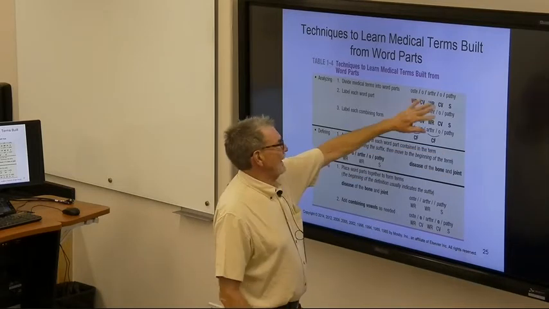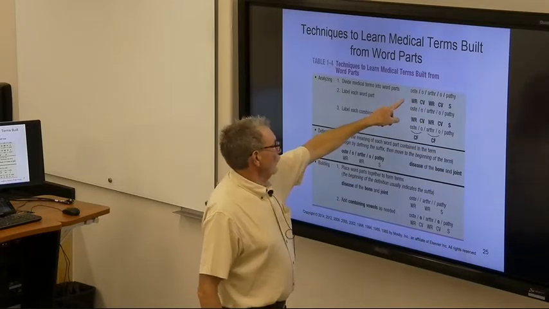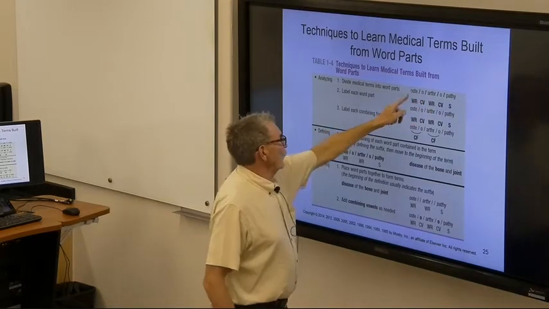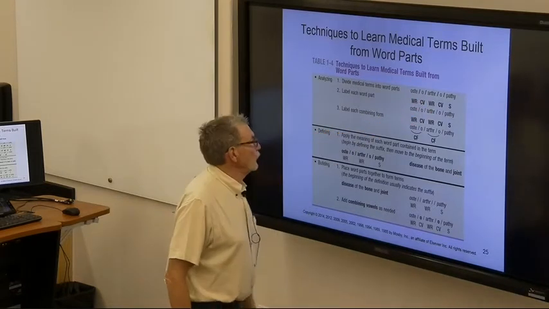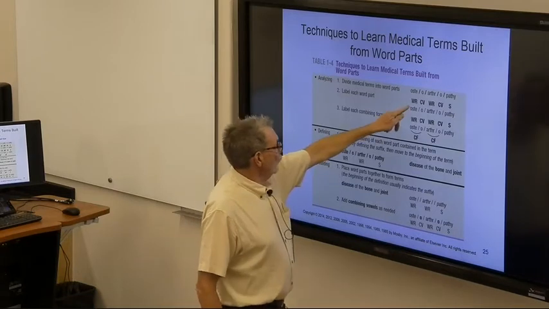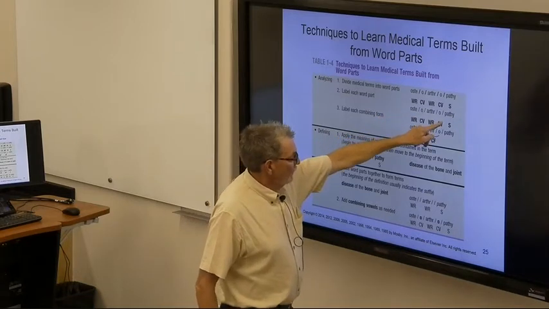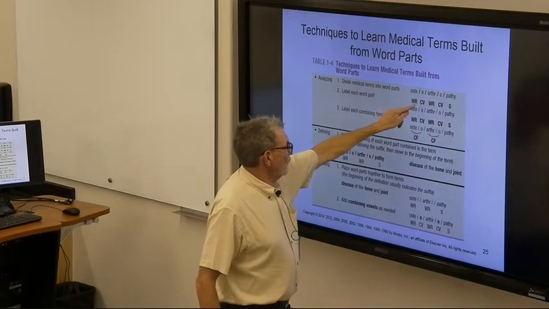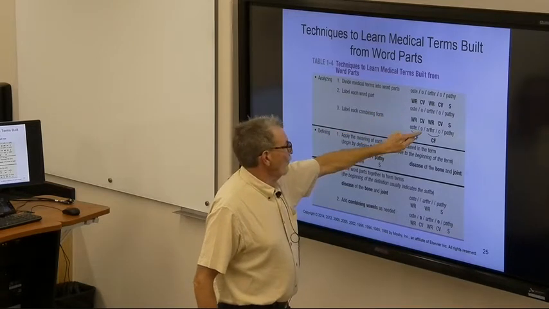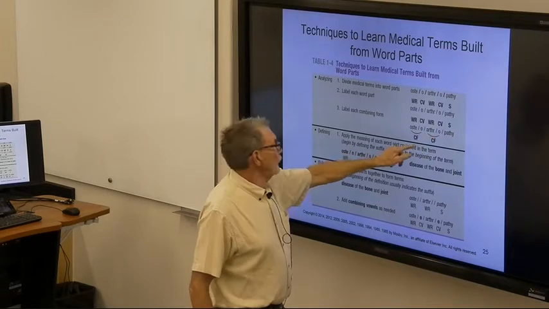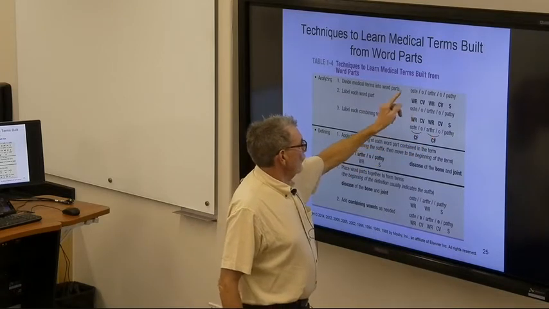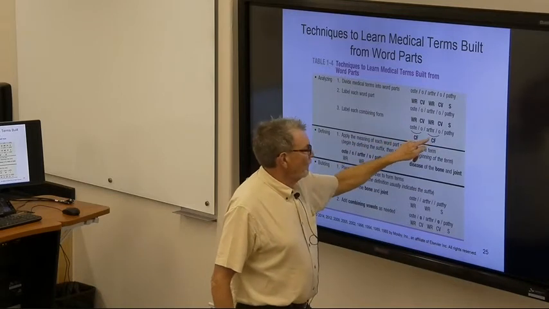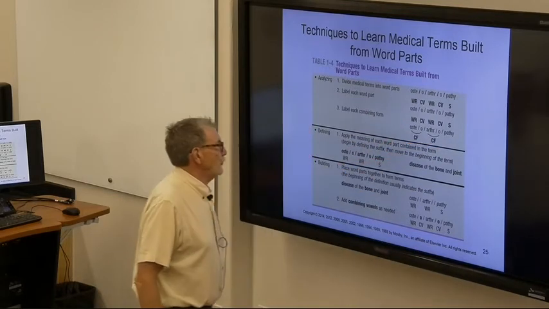What do we actually have here? Well, there's a word root, and there's a suffix. And there's a couple of combining vowels. So you could say word root, combining vowel, suffix. And then you could combine this word root and combining vowel into a combining form. So you have two word roots, two combining vowels, and a suffix. You have two combining forms and a suffix.